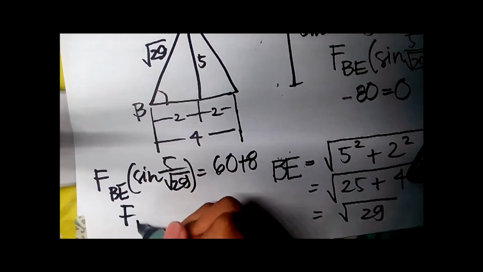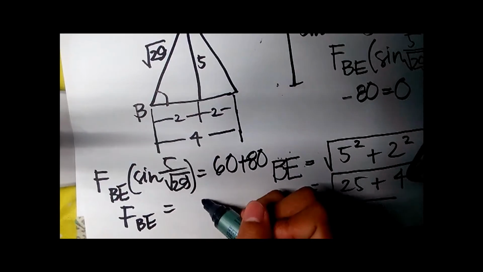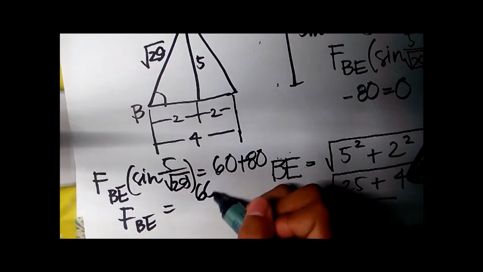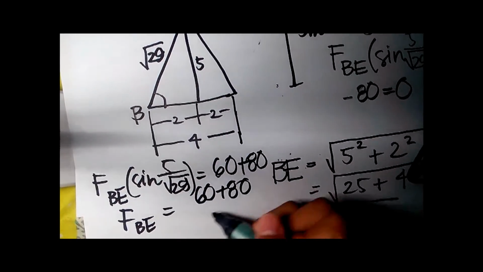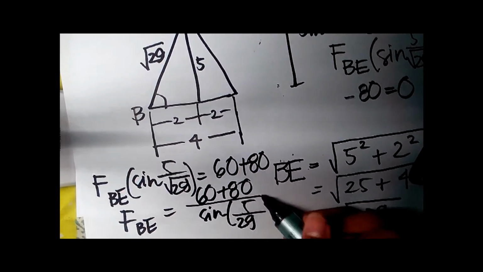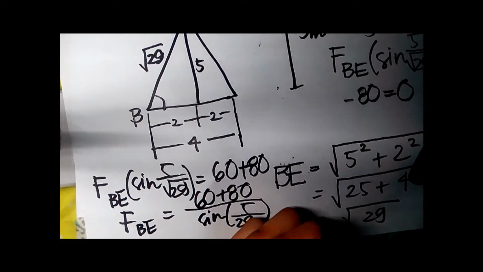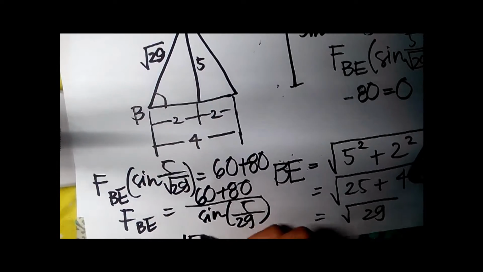So FBE is 60 plus 80 over sine, 5 over square root of 29. As you calculate the answer, you will get 150.78 kilonewton.